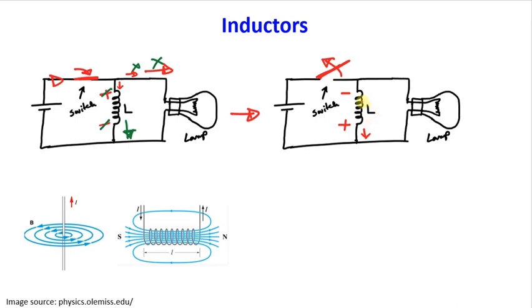And as this path is open, this current cannot flow through it, but it has a closed path through this bulb. So this current can flow through this lamp, and we will be able to see a flash on this light before it fades away altogether.